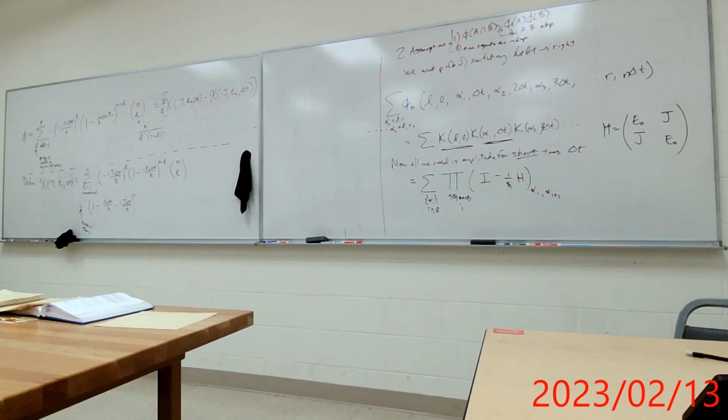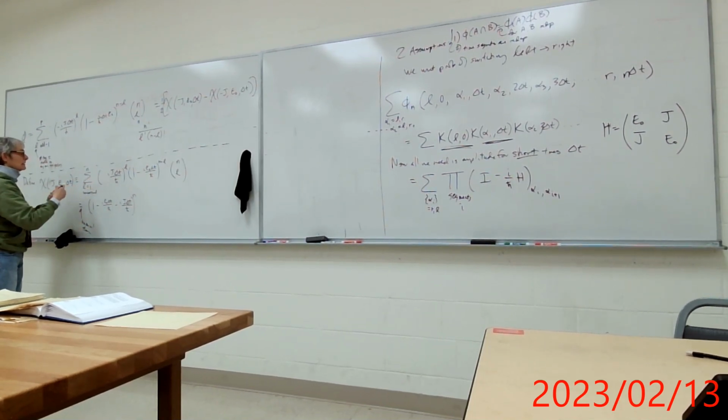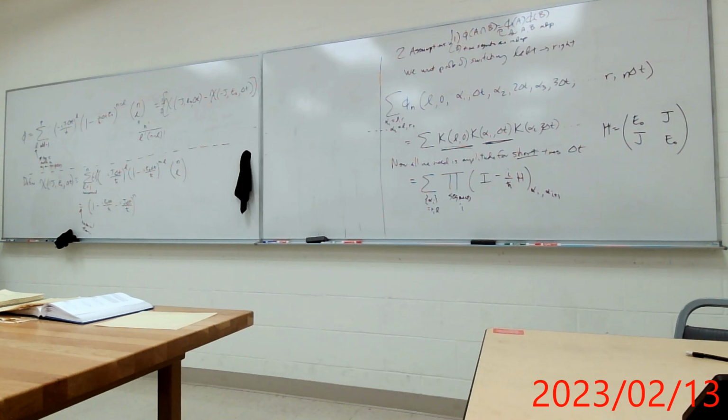Okay, let's work it out, all right? So what is this here? This is minus i j delta t over h bar raised to the nth power. Okay, if L is even, then this is 1.